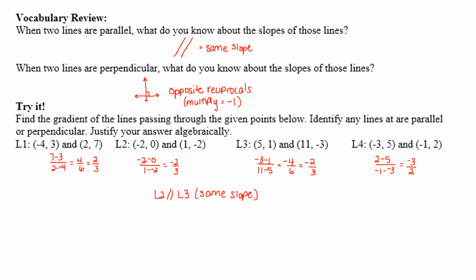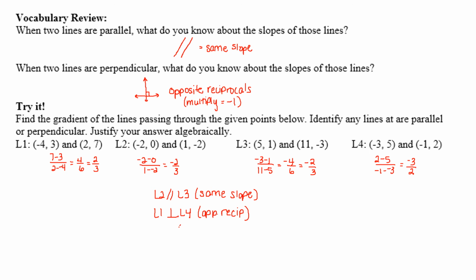For perpendicular, I'm looking for a pair of lines that have opposite reciprocal slopes. I see one opposite, meaning they have opposite signs. So one is positive, one is negative, and they are reciprocals. You have to flip them. So I can see that that happens with line 1 being perpendicular to line 4. Opposite reciprocal slopes.